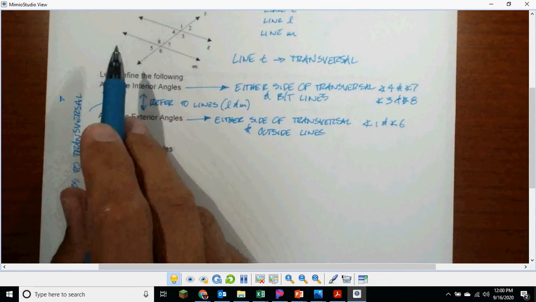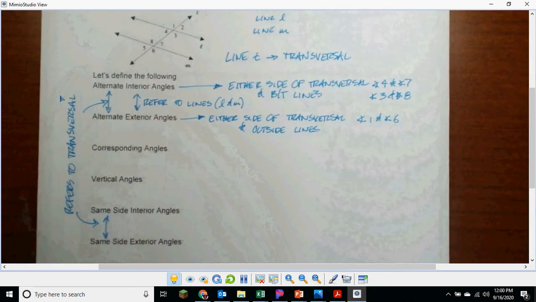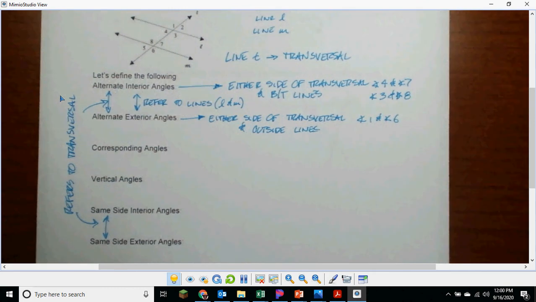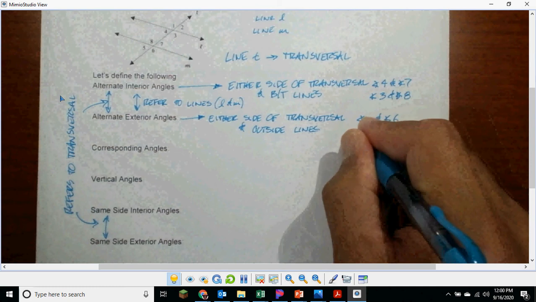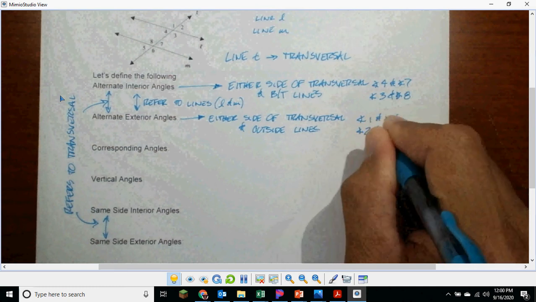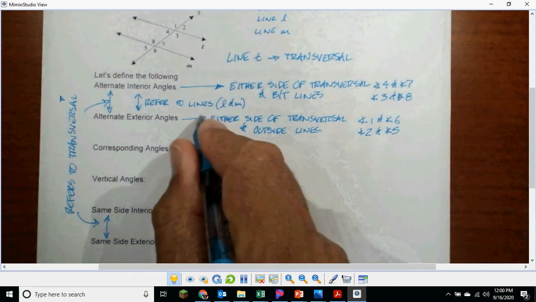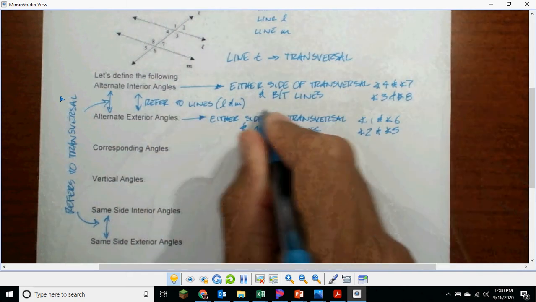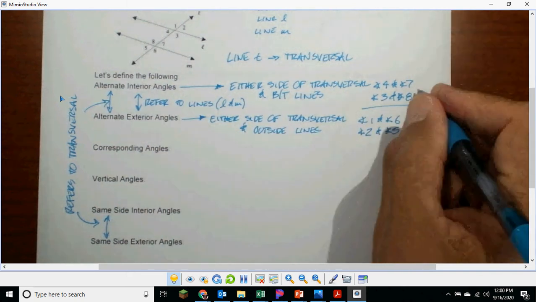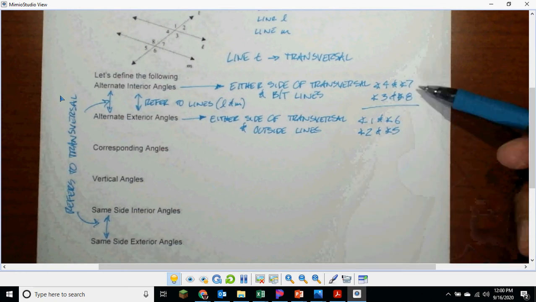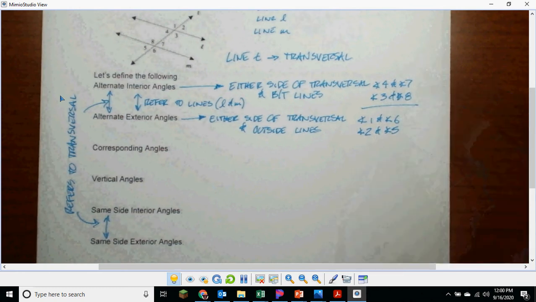Those are alternate exterior. Your chance: see if you can come up with the other pair of alternate exterior angles. If you wrote angle 2 and angle 5, then you are correct. So these are the alternate interior angles here, and these are the alternate exterior angles.